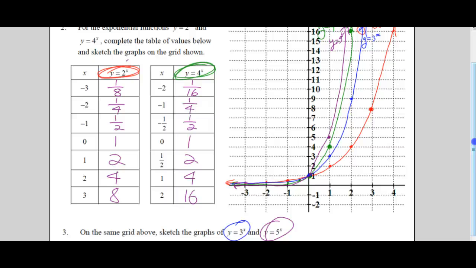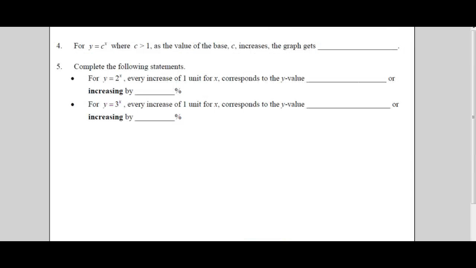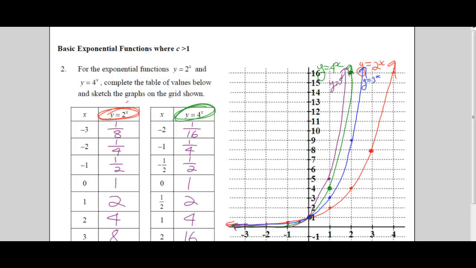It's going to go really quick. For y equals c to the x, where c is greater than 1, as the value of the base c increases, the graph gets steeper, right? Goes up faster, so we'll call it steeper.